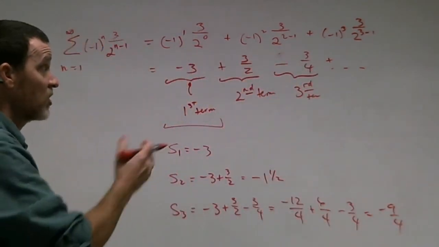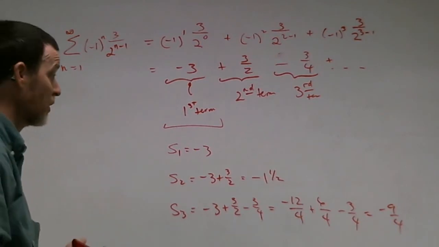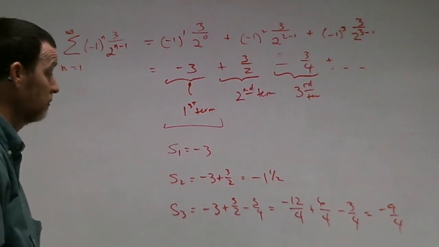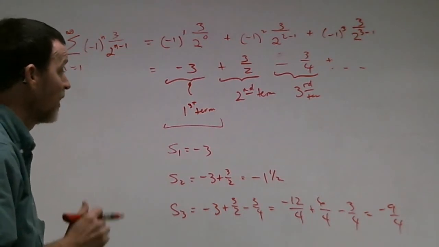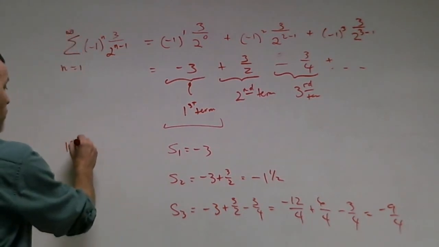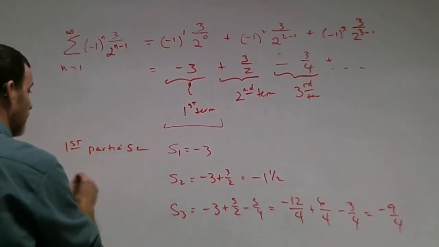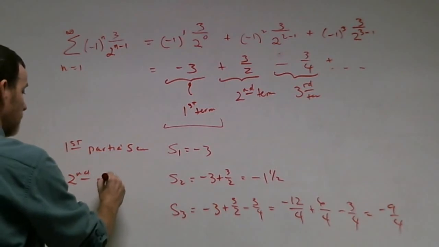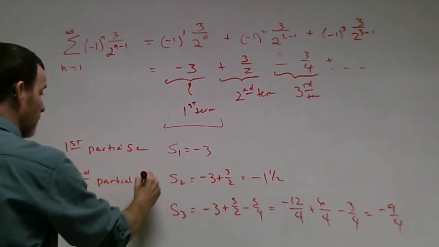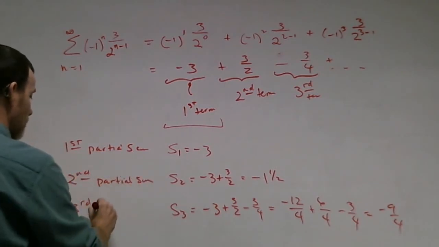Okay. This is not one I expect you to be able to guess what it converges to. So far they all look negative, but those are what are called the first partial sum, the second partial sum, and the third partial sum.